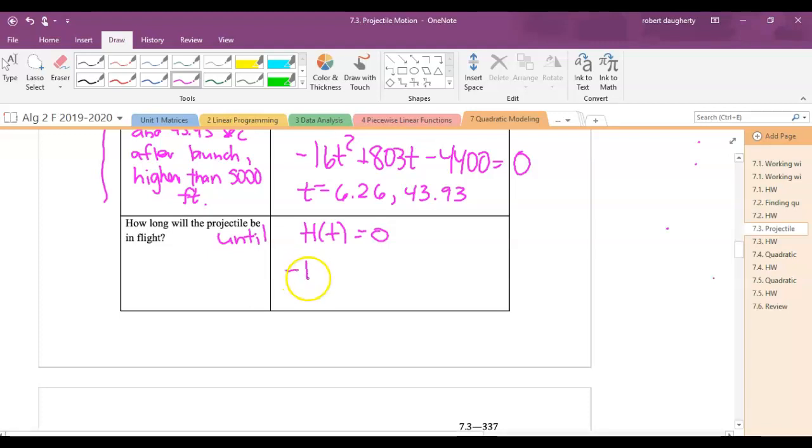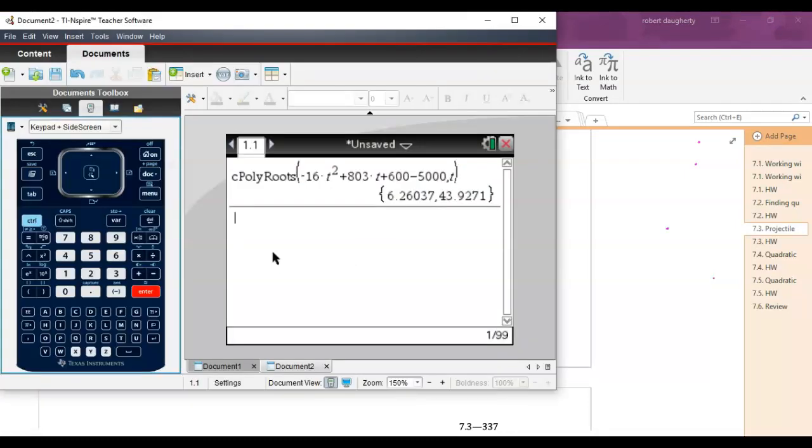So I need to figure out negative 16 t squared plus 803 t plus 600 equals 0. I could find two numbers that multiply to negative 9,600 and add to 803, or I could do what? Calculator. That's what we're doing in every one of these problems. I can just recall that.